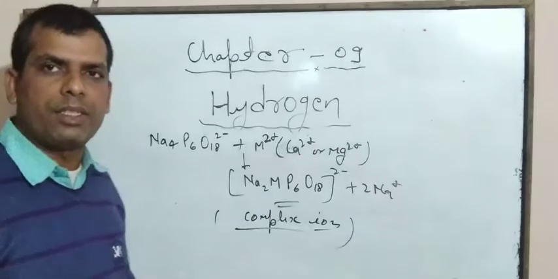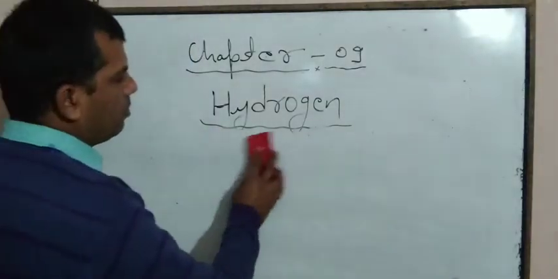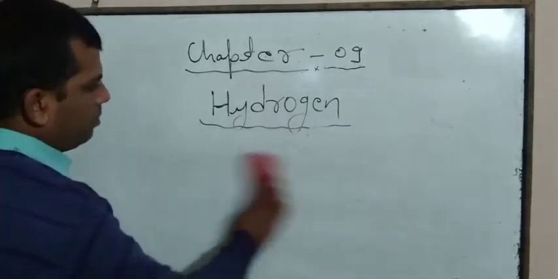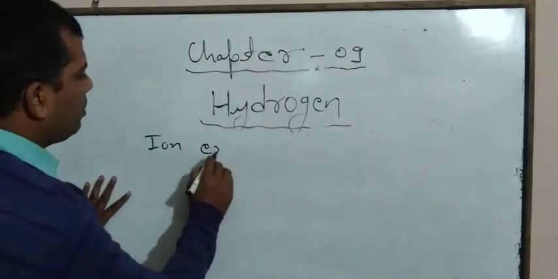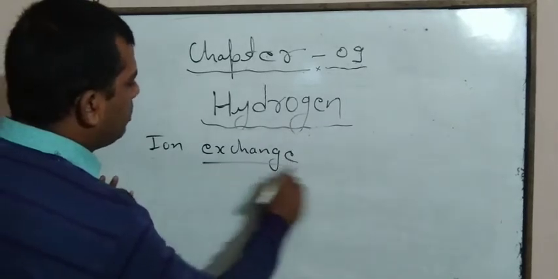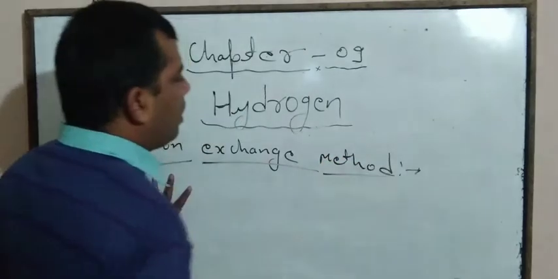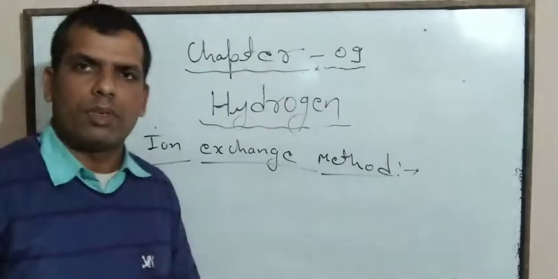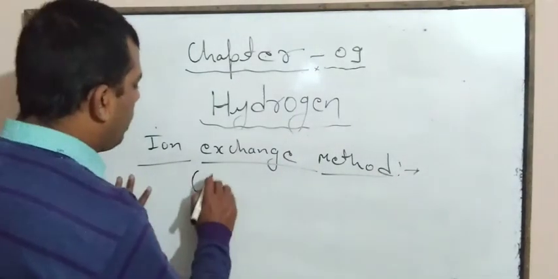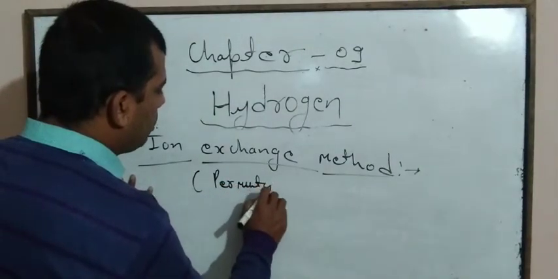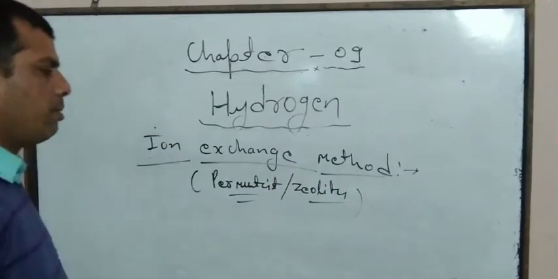The next method is the ion exchange method. It is also known as the permutit or zeolite method, because in this method permutit or zeolite is taken.